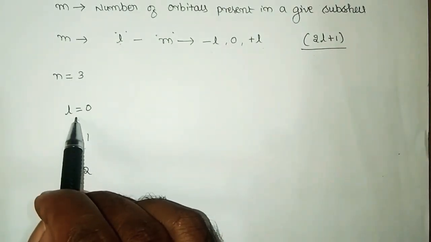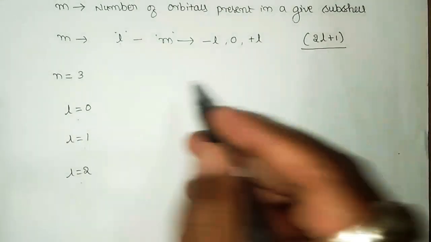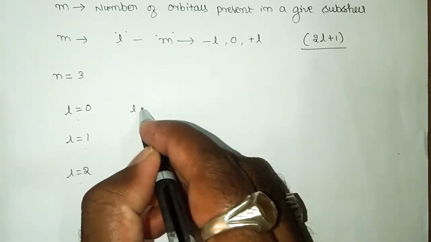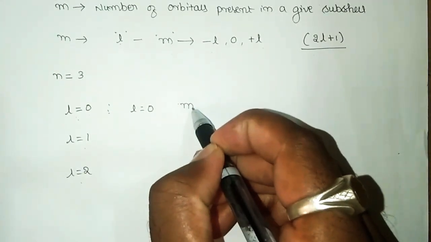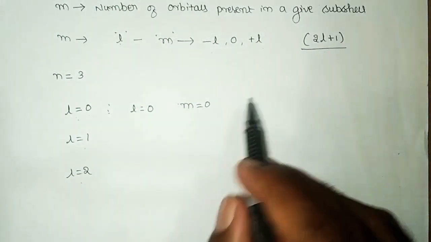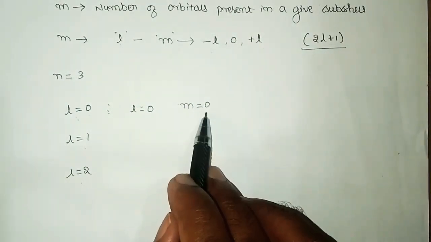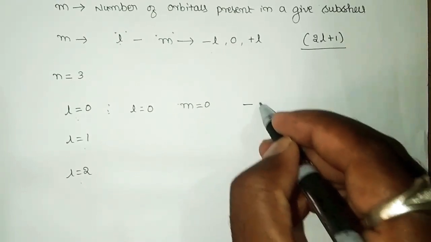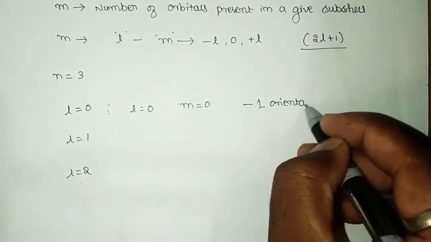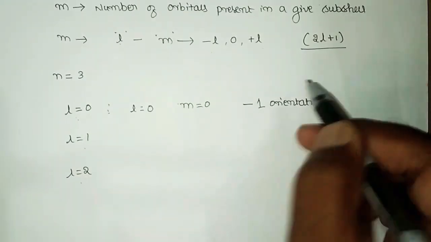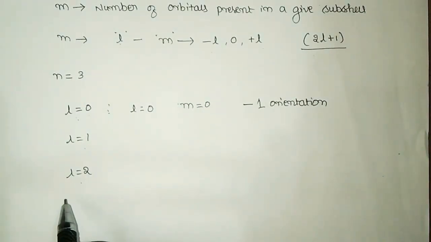So here we have the value of l that is 0. That means for l = 0, m will also be 0. So overall we have only one orientation, that is, only one orbital is present.